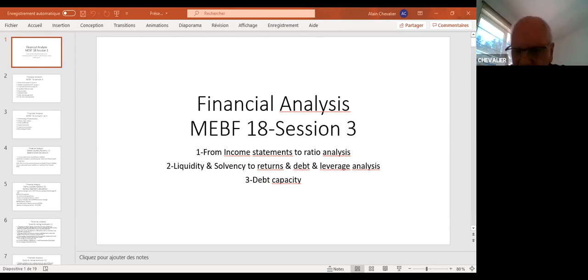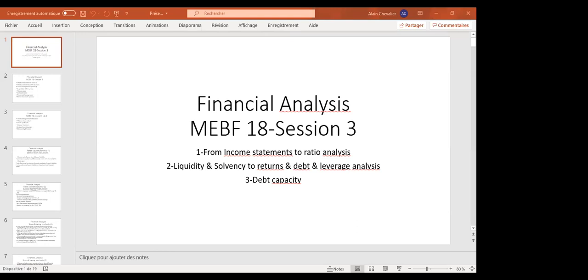So first, let's go through the 3 first slides, which are called MEBF 18, session 4, and then move back to session 3 on the returns before moving to the debt analysis, debt capacity, and coming back with the operations analysis to MEBF 18 slides.